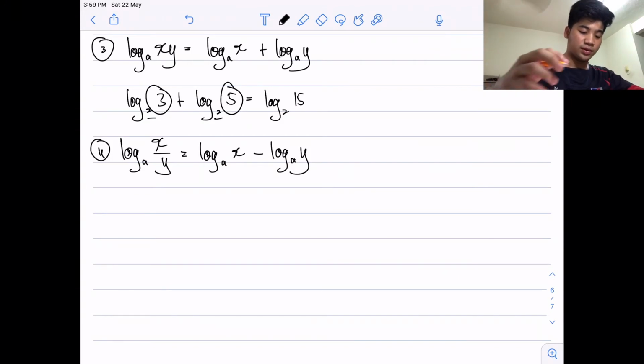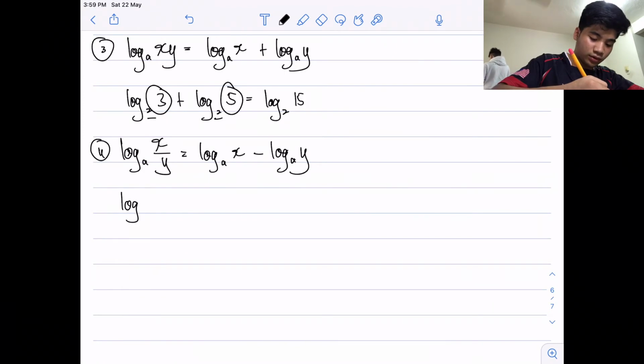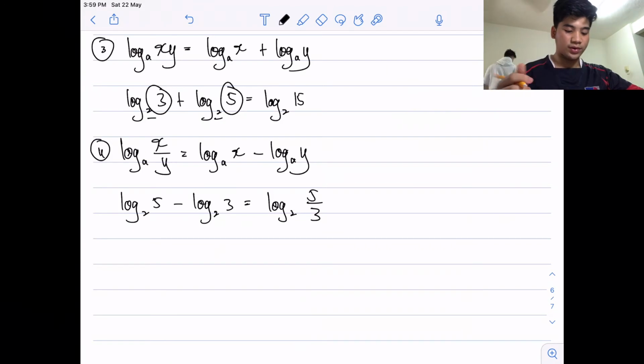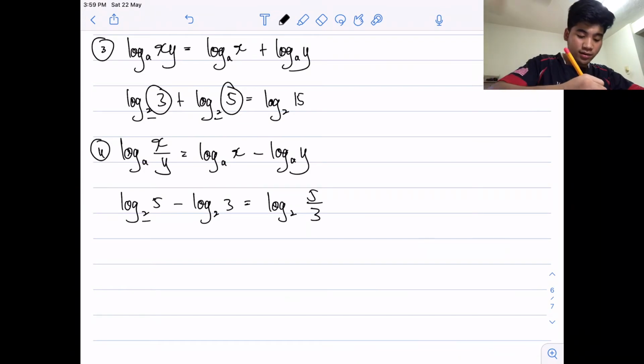Let's give an example. Say you've been given log 2 5 minus log 2 3. This would be the same thing as log 2 5 over 3. So basically it's the opposite of number 3. You just have to divide in this case. And also keep in mind the base number has to be the same for this law to work.